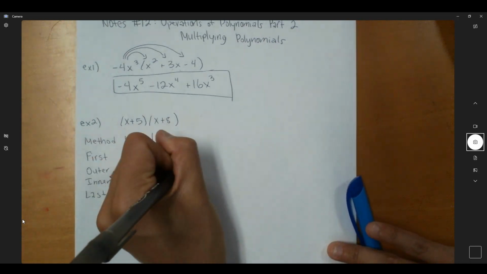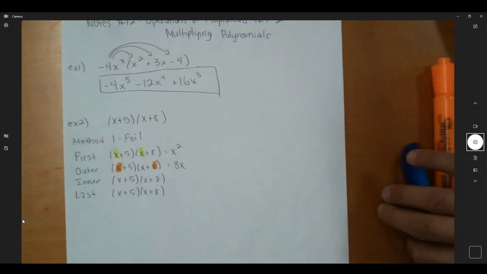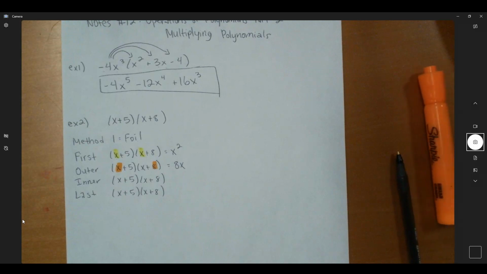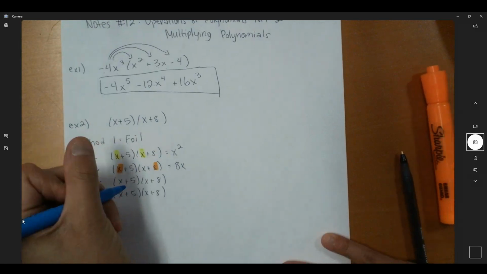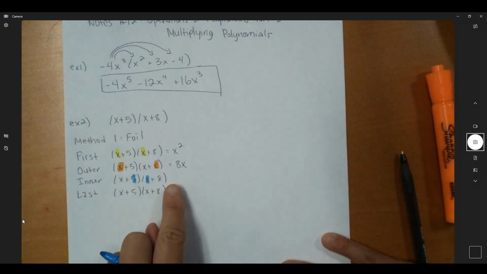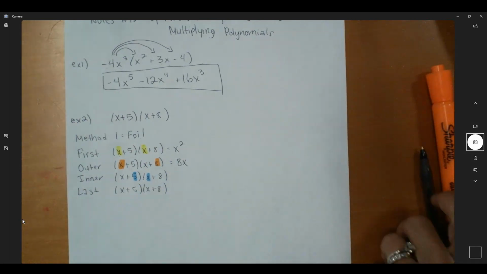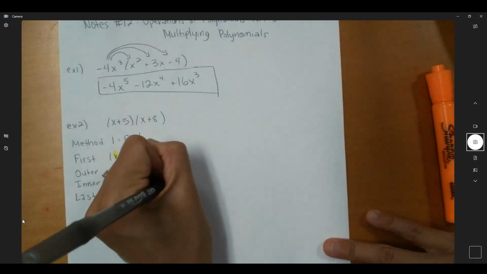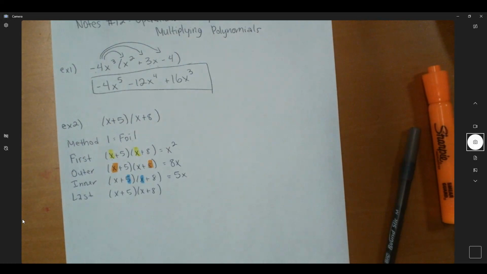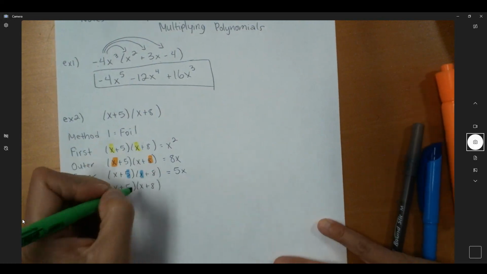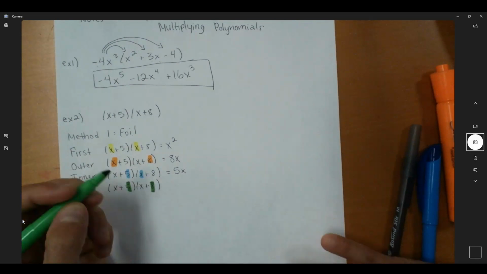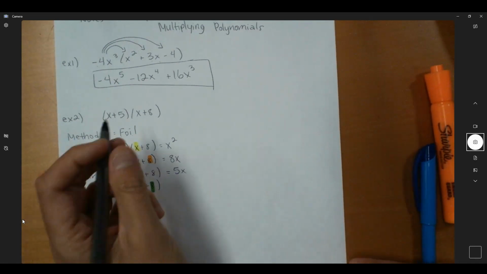So this would be 8x. And then your inner would be the inside of your entire problem. So if you look at it as an entire problem, these are the 2 inside things. Okay, so 5 times x is 5x. And then last would be the last thing of each parentheses. So that would be 5 times 8.